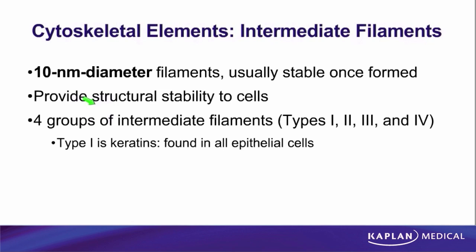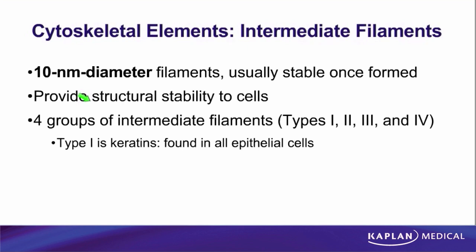Intermediate filaments are important in maintaining the shape of cells. For a whole variety of different cell types, in order for cells to perform their function, they have to maintain a certain shape. And so we want that shape to be stable, and so we want to have filaments in the cell that are stable, that will maintain that shape.